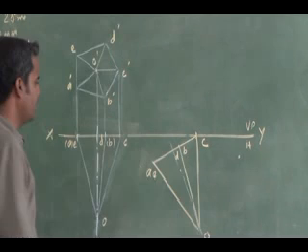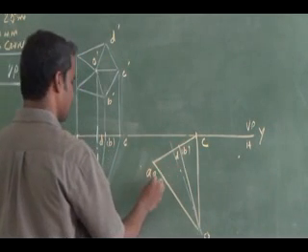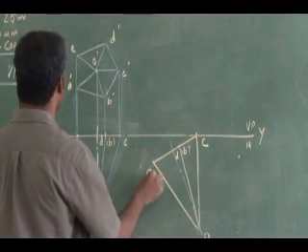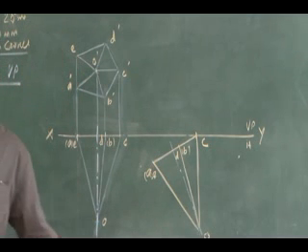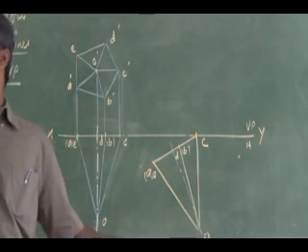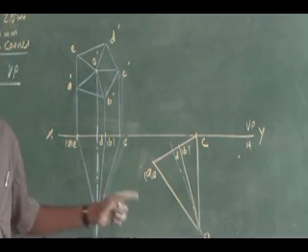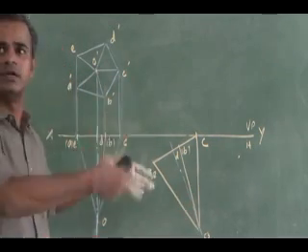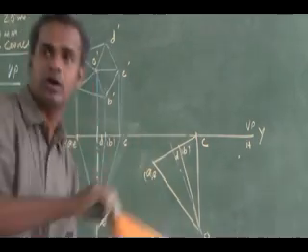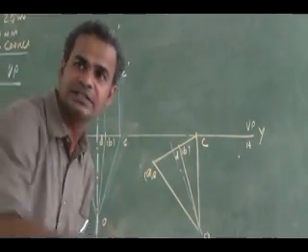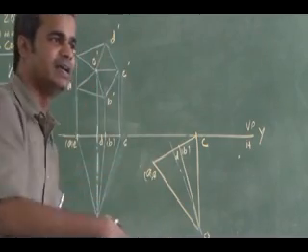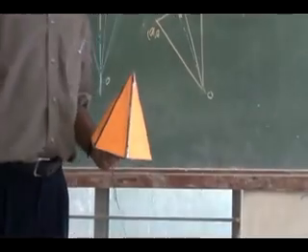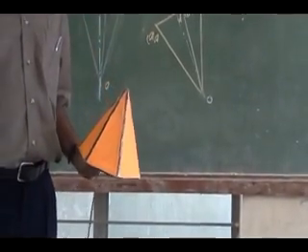Reproduce this top. See here. The same kind of problem is given in HP inclination. Instead of a slant edge being vertical, a triangular slant face is vertical in the HP inclination problem.